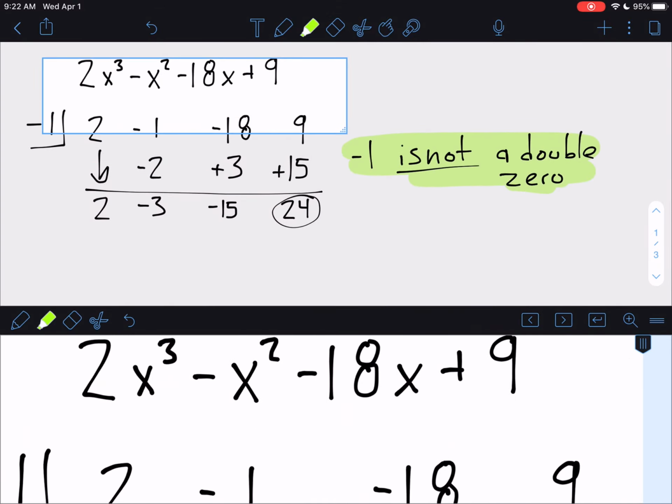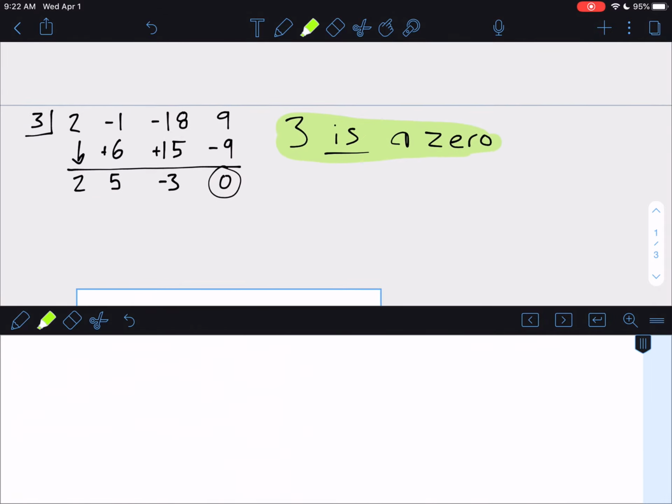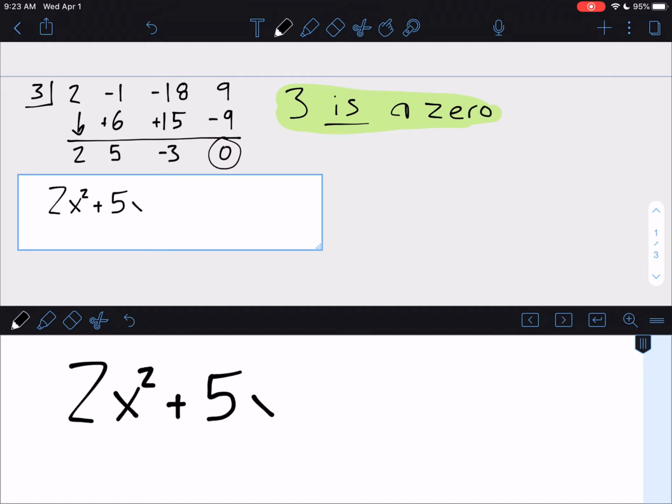So now I'm going to do the same thing that I just did, where I took those new numbers and rewrote them into a new polynomial. So since I'm looking for 2 more zeros, I'm going to have 2x squared, and then plus 5x minus 3.